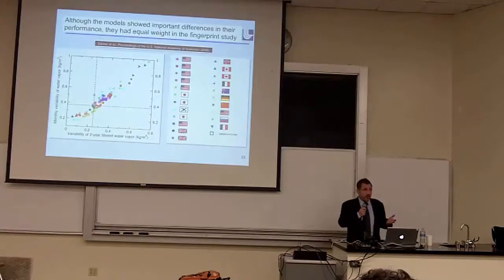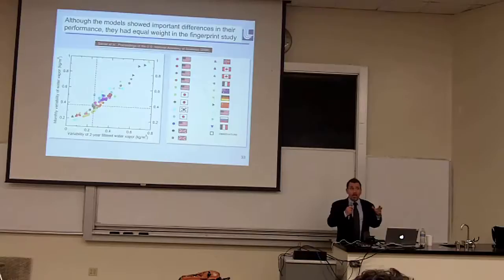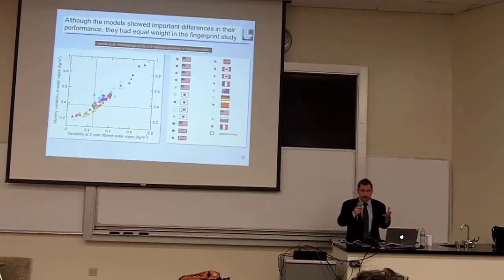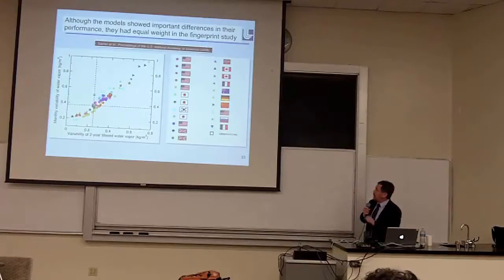And this work was criticized, quite rightly, I believe, because we had not attempted to weight the models. We had used all models equally. It was a democracy. 1 model, 1 vote. And we had used about 20 different climate models. And what you see here are the individual models. They're the colored dots.